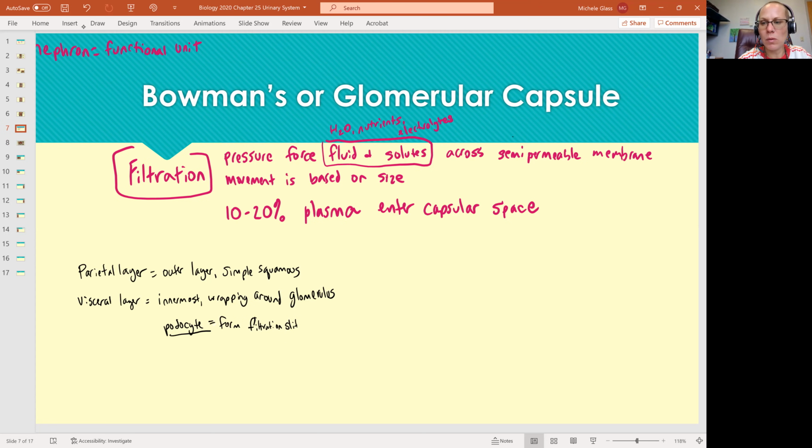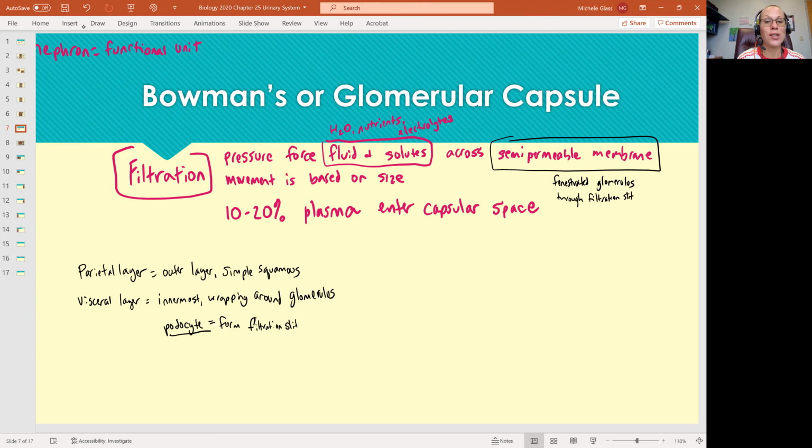So the semi-permeable membrane that we're talking about is going to be the fenestrated glomerulus. And then it's going to go through the filtration slit.